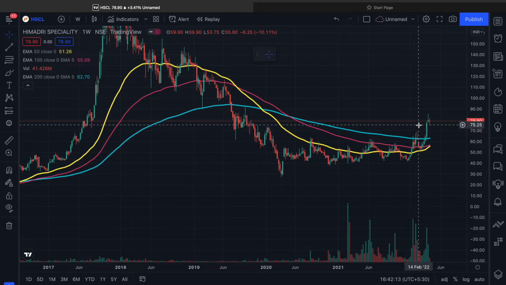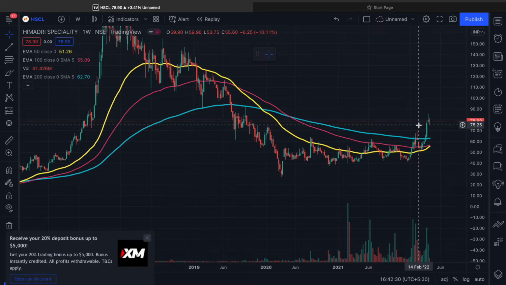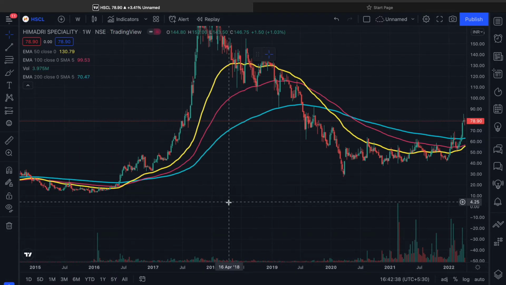Although this is a penny stock and a bit risky, when it comes to large caps or mid caps with really good fundamentals, if you have an idea about them, you can buy at these levels to capture the nice upside rally. So this is all about market cycles.